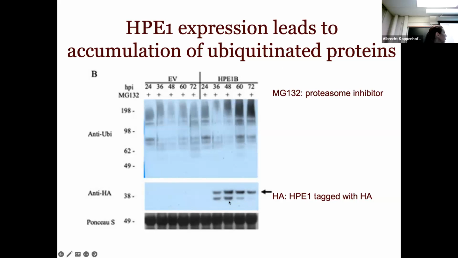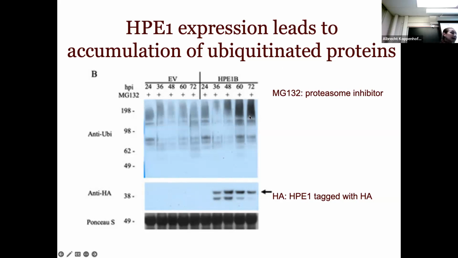Here I'm showing you that the effector is being expressed in these plants, where it's not expressed in these plants. And we looked for accumulation of ubiquitinated proteins just using an anti-ubiquitin antibody. And we can see that 36 hours after infiltration, so the protein is starting to be produced, there's starting to be accumulation of these ubiquitinated proteins. So indeed, that is what our effector is doing.